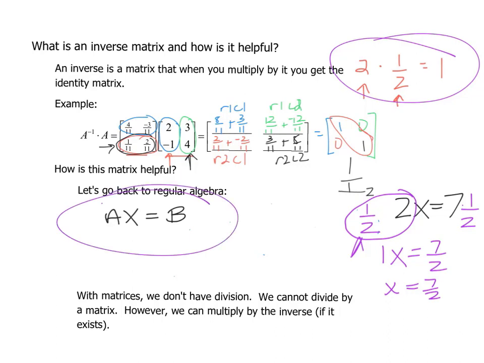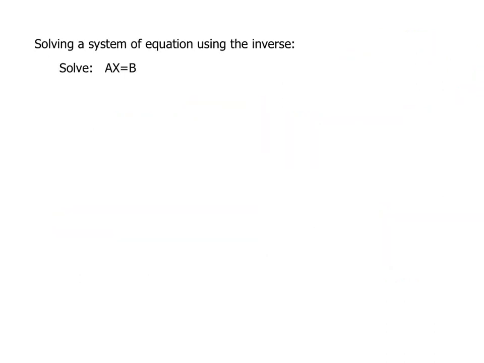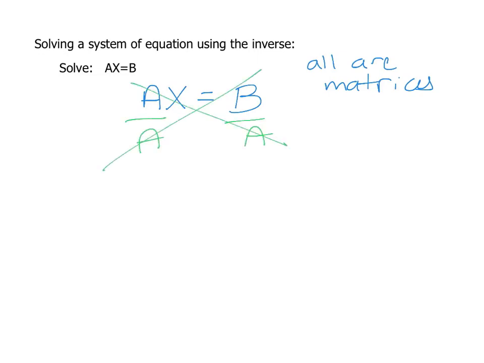We're going to multiply both sides by the inverse. Let's look at this step by step. What I have is AX equals B. And remember, all of these are matrices. Doing something like this, that is illegal because there is no division. We cannot divide matrices.